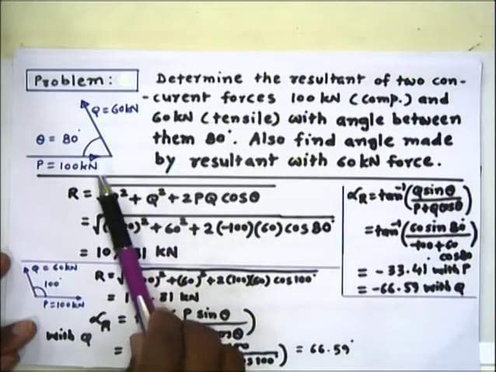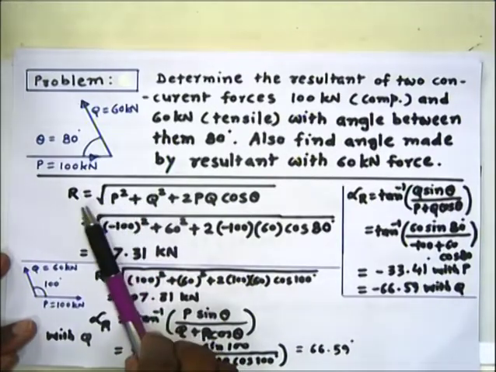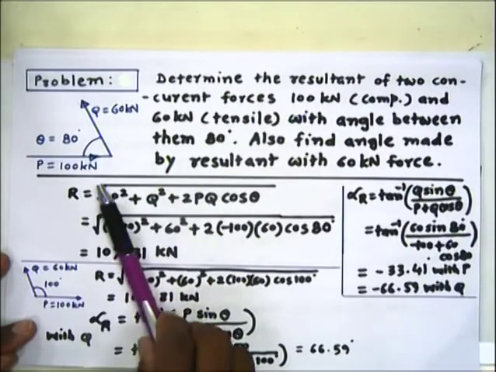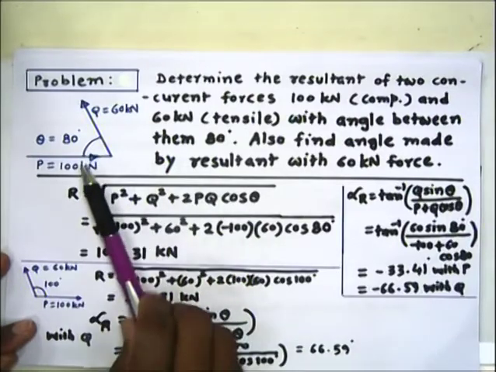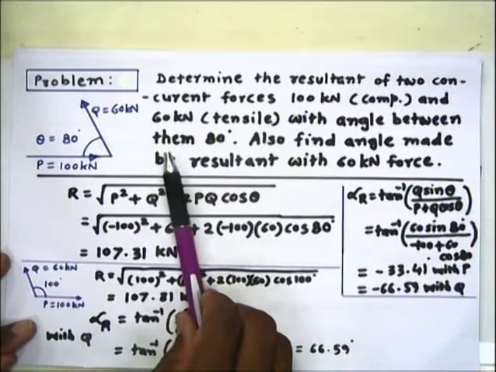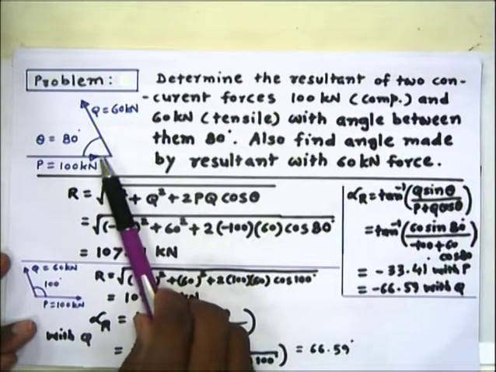To find resultant using parallelogram law, putting this equation. Now actually we derived the formula in which two concurrent forces were tensile nature, while here one is compressive and the other is tensile.